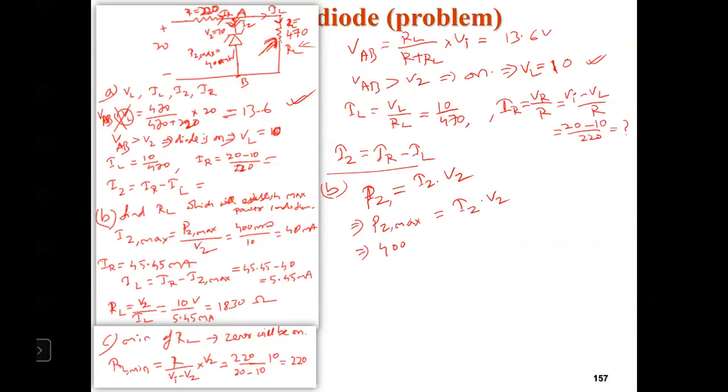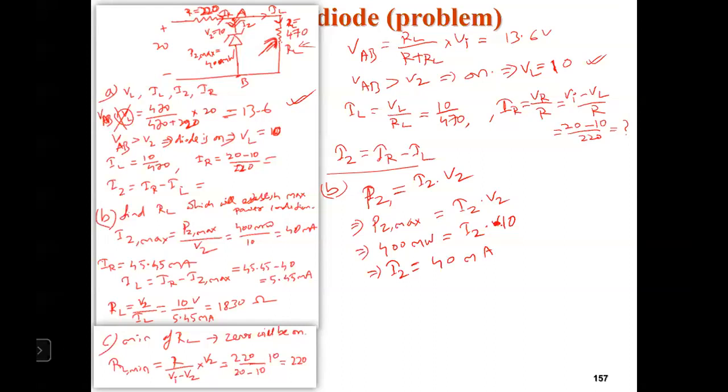So 400 milliwatt equals IZ into VZ. VZ value is 10. This implies IZ has to be 400 by 10, which is 40. If you put all the units properly, it will be 40 milliampere.